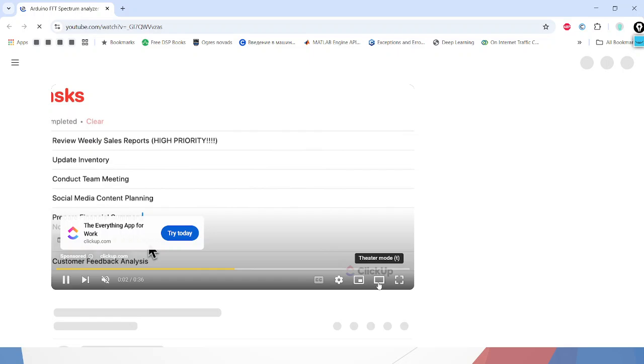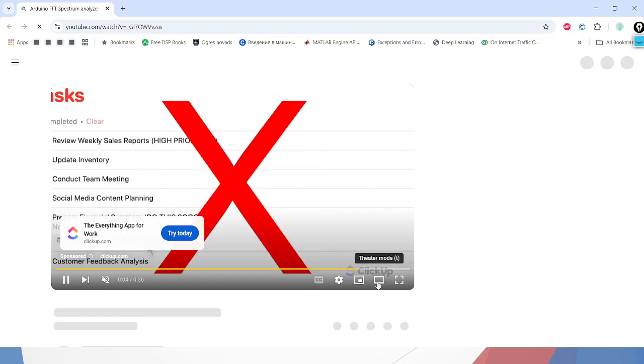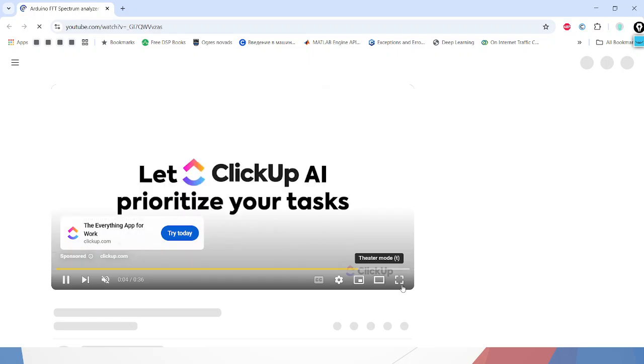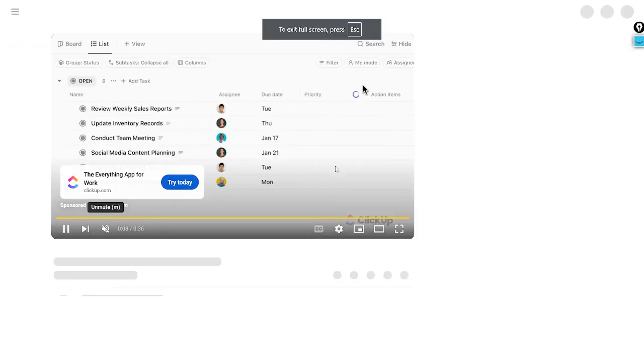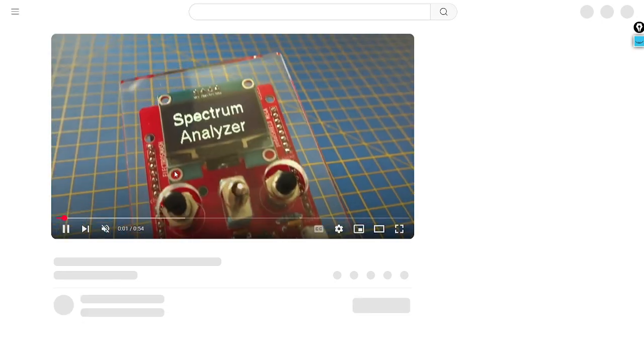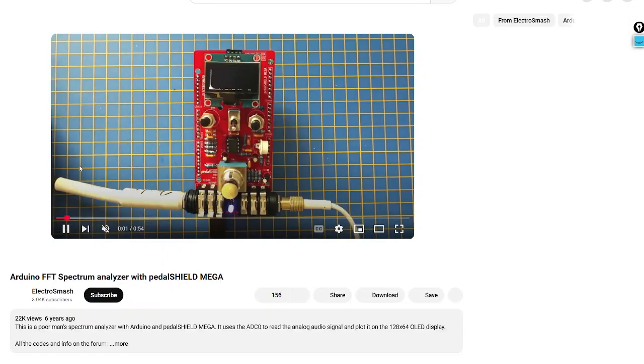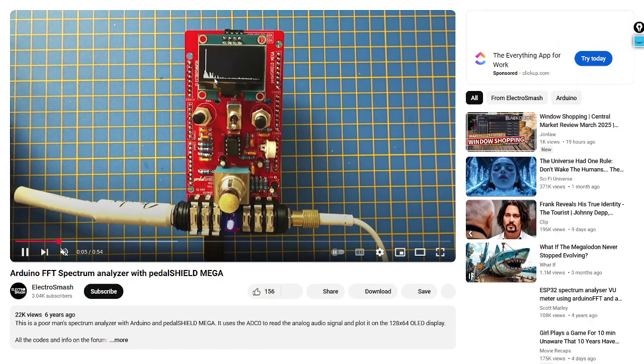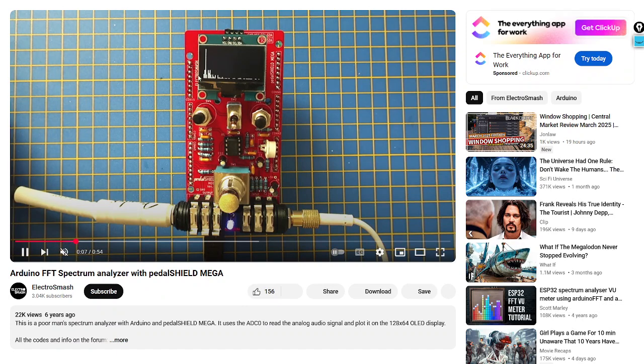Something again about the advertisement. Skip. Yeah, so you send some signal, and in real time, it shows how the spectrum of your signal changes. That's actually a spectrum analyzer.